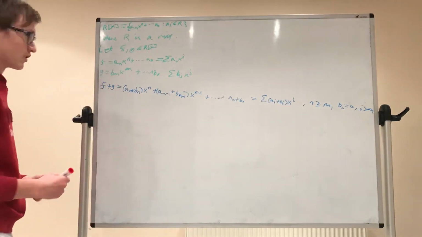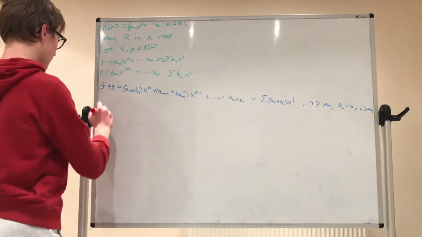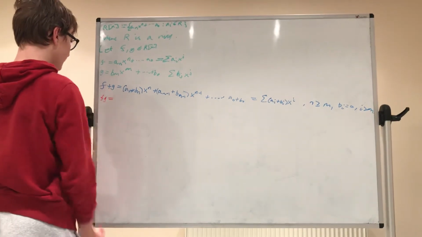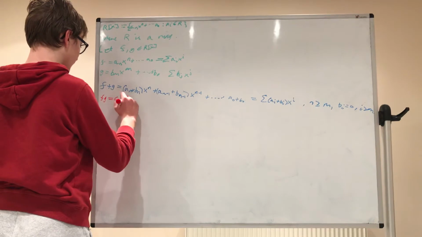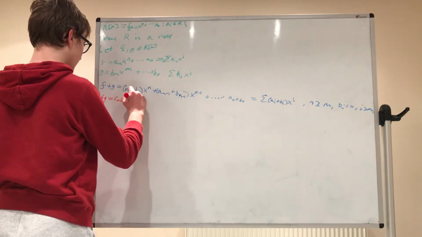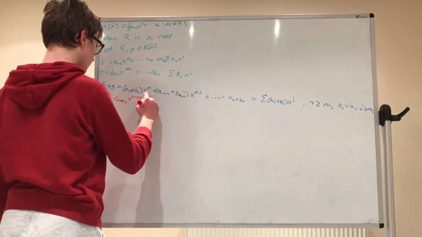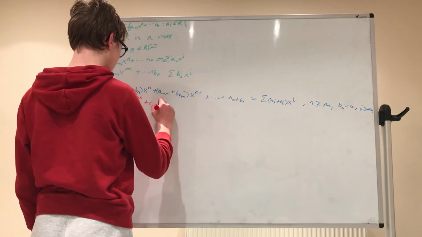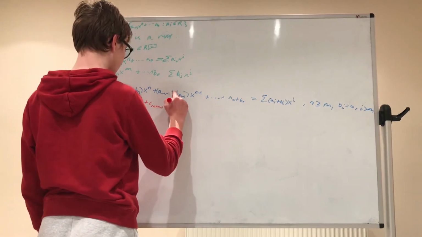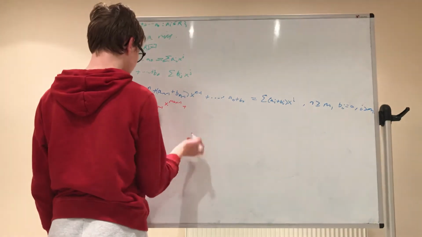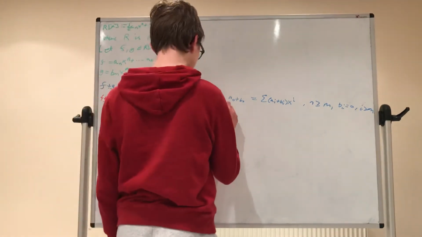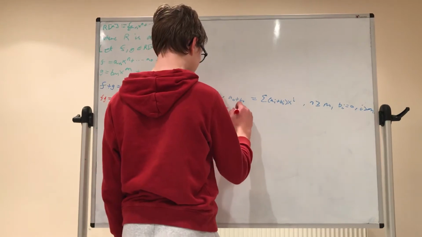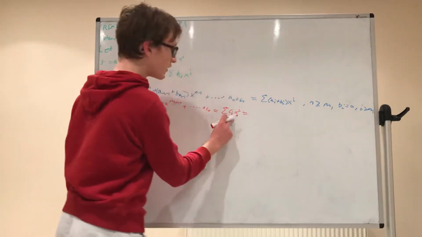Now, multiplication is a tad more interesting. fg is equal to c_(m+n) x^(m+n) plus c_(m+n-1) x^(m+n-1) plus up until c_0. We can write this out as the sum over c_i x^i. But what are these c_i's?